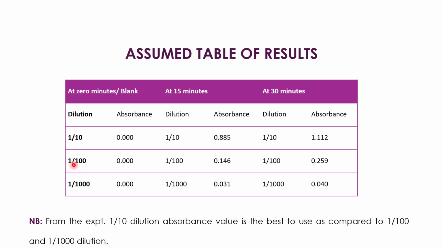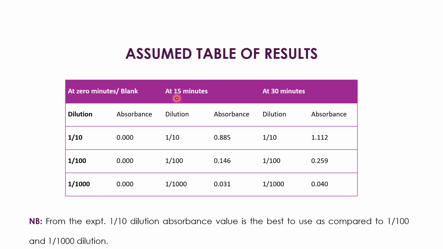This is our 1 in 100 dilution with its respective absorbances, and this is our 1 in 1000 dilution. So at 0 minutes, we are using the 0 minute as blank against the 15 minutes and the 30 minutes.